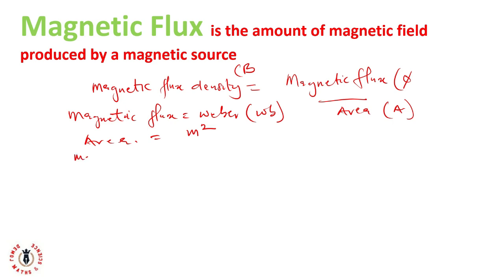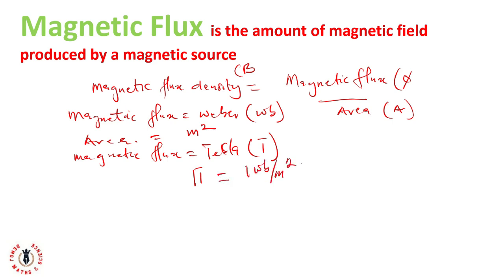And the unit of magnetic flux density is Tesla, shortened as T. But one unique thing you must observe is that 1 Tesla is the same thing as 1 Weber per meter squared.